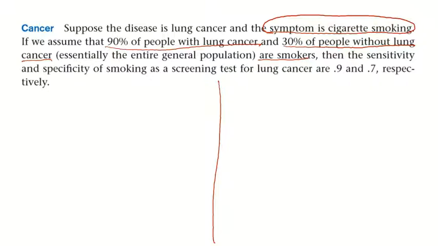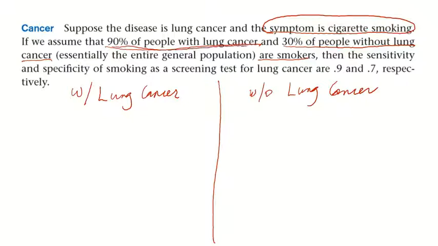In the first population, we have the people with lung cancer. In the second population, we have the people without lung cancer. Now, in the first population with lung cancer, how many of them are smokers? 90% of people with lung cancer are smokers.